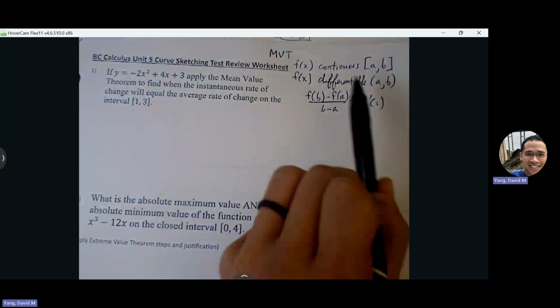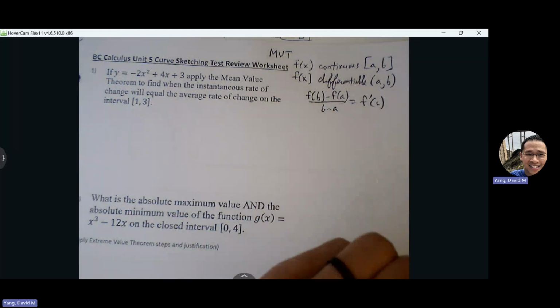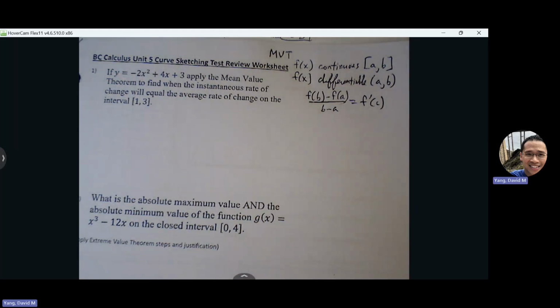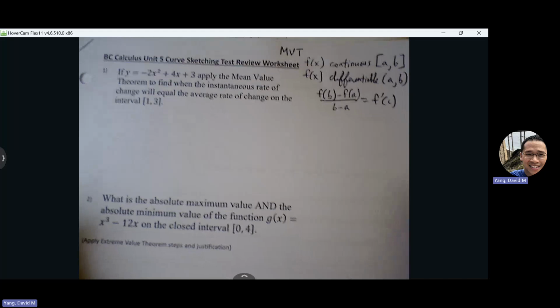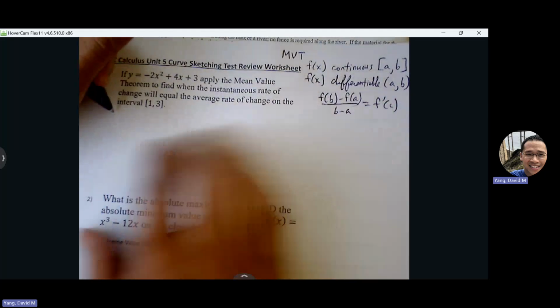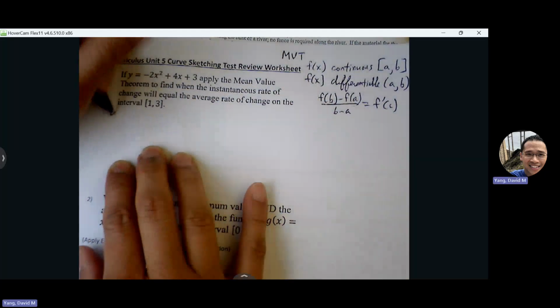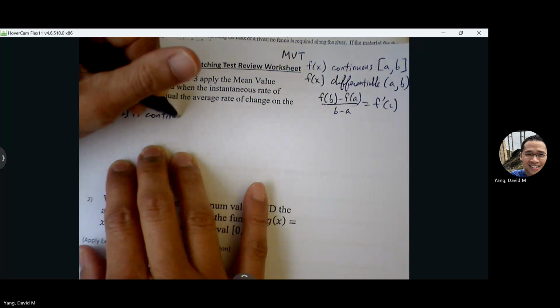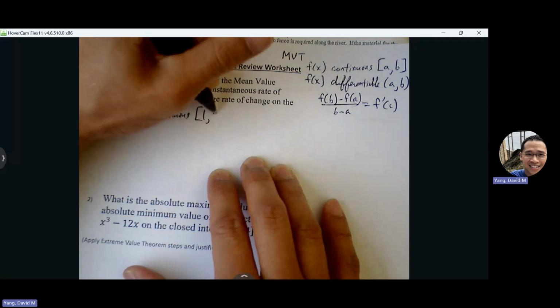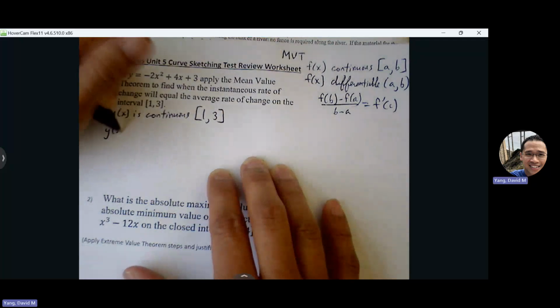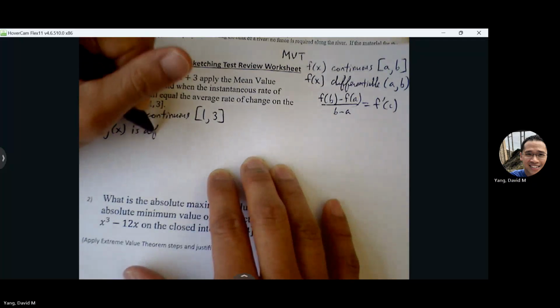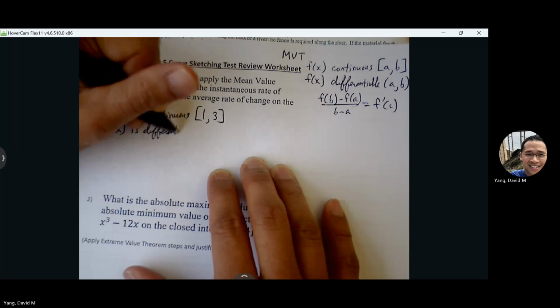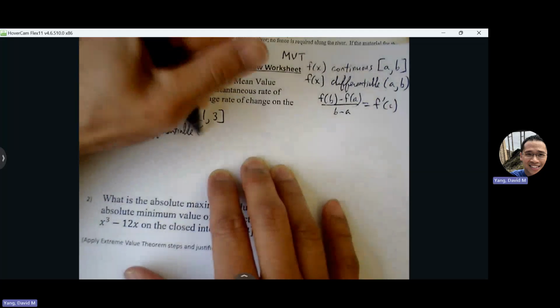Is this function going to have any trouble with the first two conditions? No, right? A polynomial is going to be safe. No issues with continuity, no issues with differentiability, but we do need to state those conditions. So we'll say y of x is continuous on the bracket 1 to 3. y of x is differentiable on the parentheses 1 to 3.